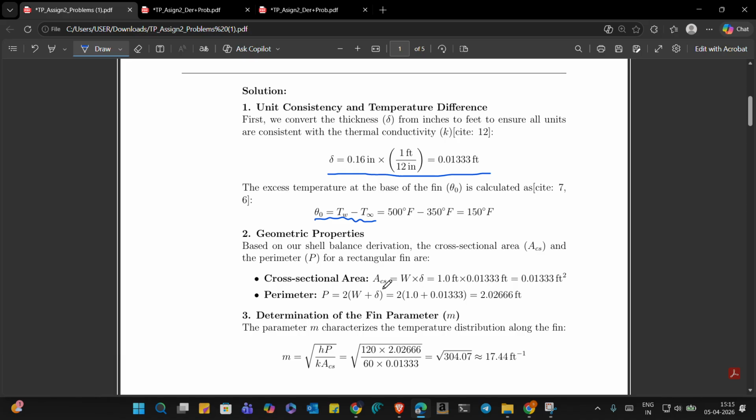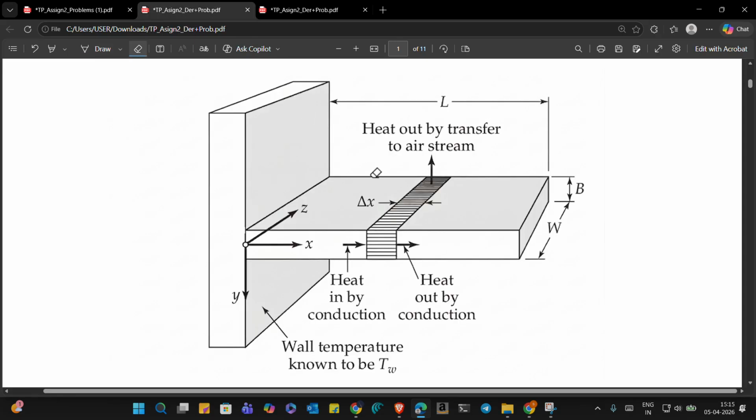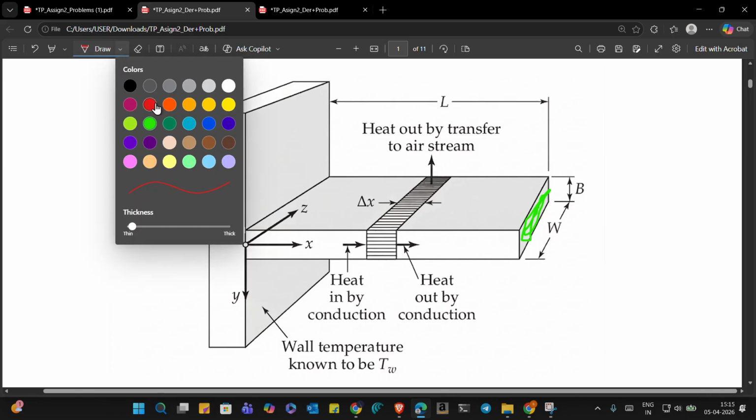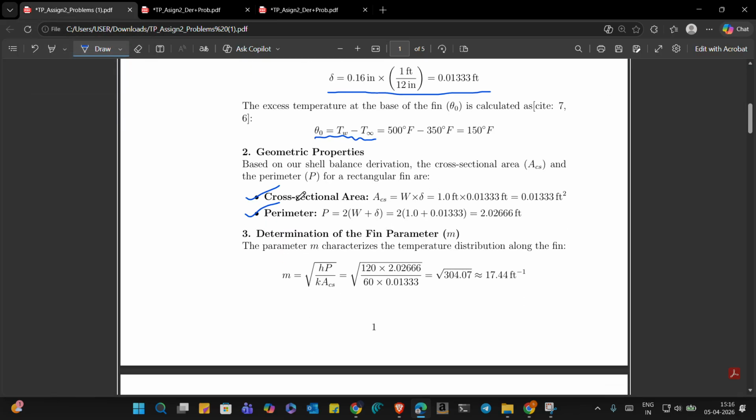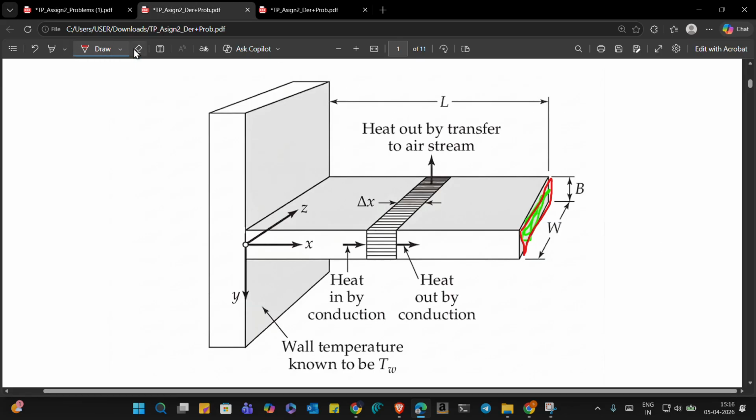Secondly, we'll find the cross sectional area and the perimeter of the fin. The cross sectional area is basically this area we are talking about, and the perimeter of the fin that we have discussed earlier is defined by this perimeter. So red is the perimeter and green is the cross sectional area for our problem. The cross sectional area is given as width into breadth, as you can see here.